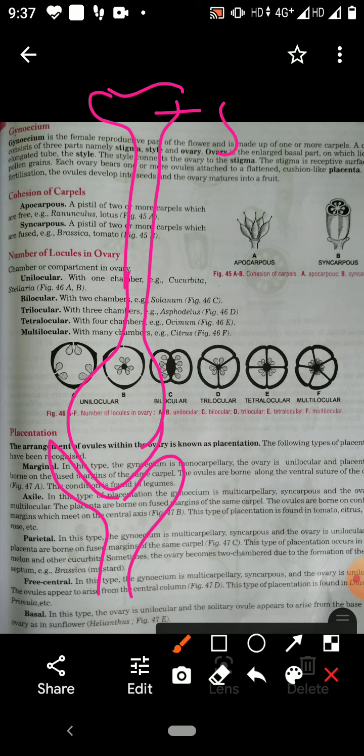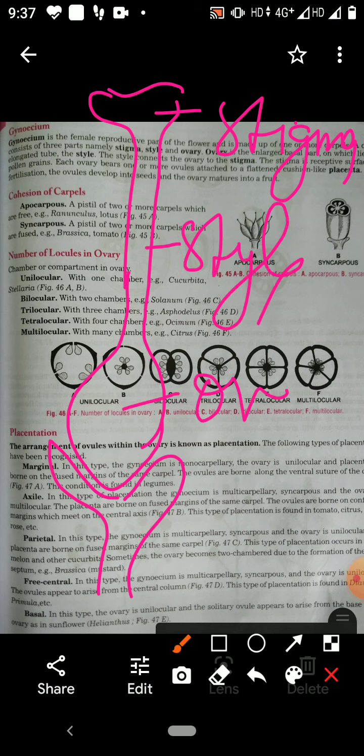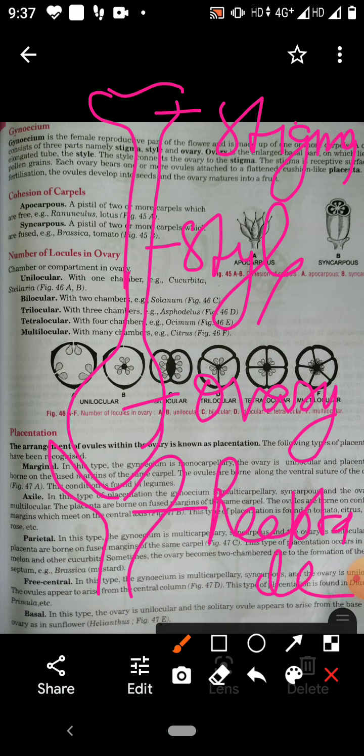This portion is stigma, style, and ovary. This is the thalamus or receptacle.